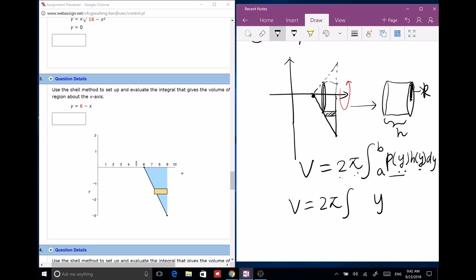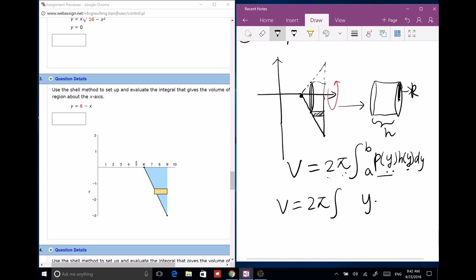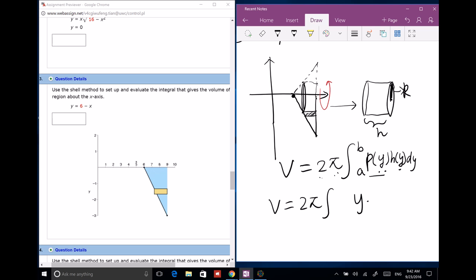So how do I find the height? The height is this region, this length, right?